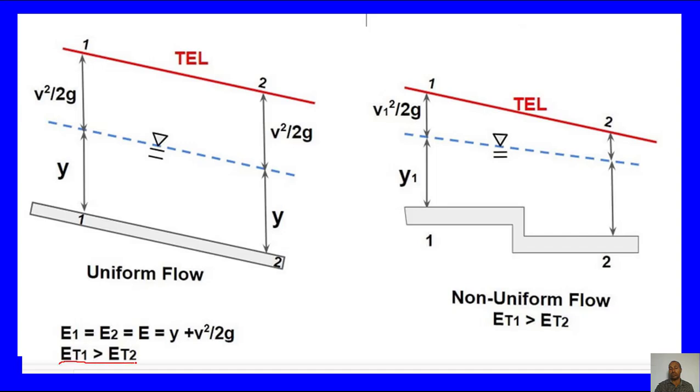Total energy ET1 will be larger than ET2. But for a drop, a sudden abrupt change in elevation with non-uniform flow, total energy at section 1 is more than total energy at section 2. Due to this abrupt drop in elevation, it will vary.